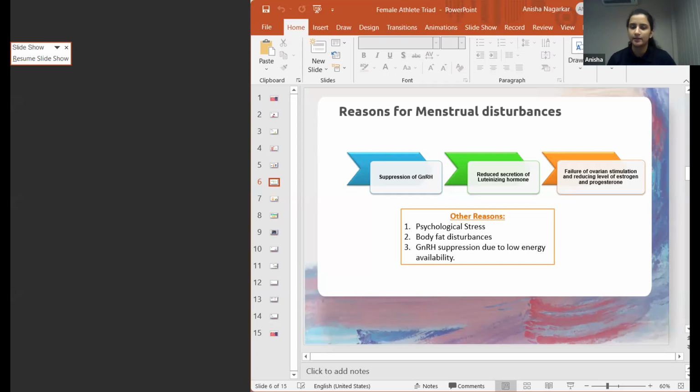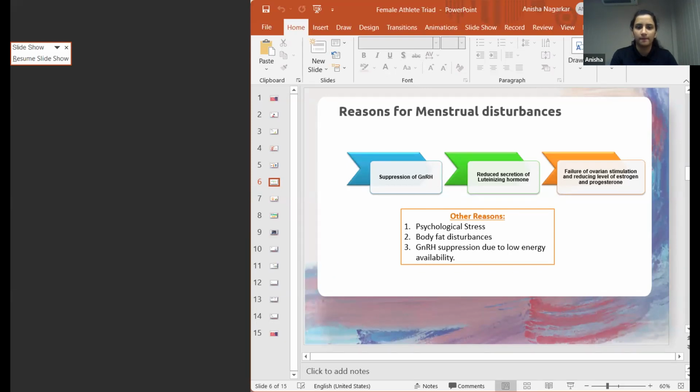There are secondary reasons because of which you can see menstrual disturbances. The three main things are, first, psychological stress. It might be related to family pressure, performance pressure, or peer pressure, it can be anything, or it might not be related to the athlete's sport at all, but be something very personal.